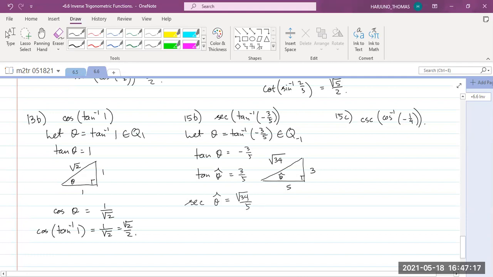And theta is in quadrant 4. So secant is still positive, right? The reciprocal of cosine. So to be more explicit, secant of tangent inverse of -3/5 is radical 34 over 5.